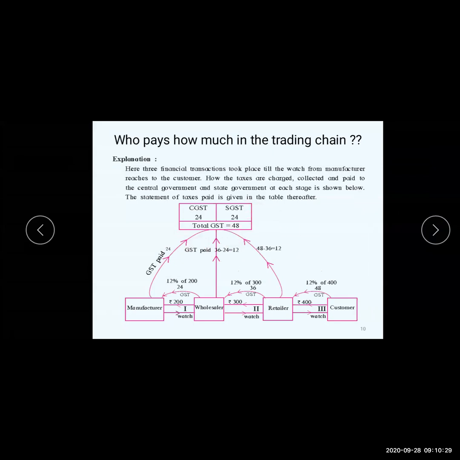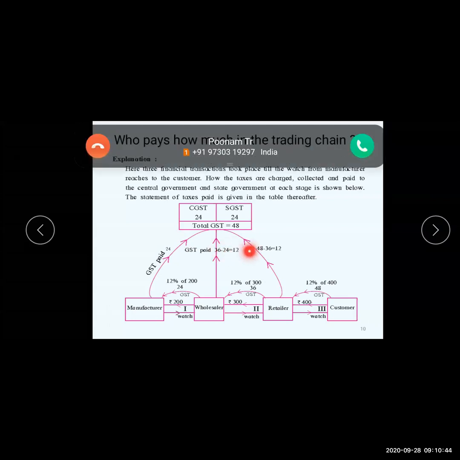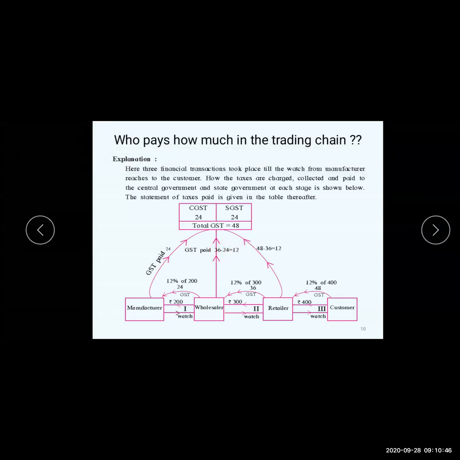As the wholesaler already has paid rupees 36 on the purchase of his first product, he will subtract the 24 rupees he has paid from 36, that is 12 rupees to the government.